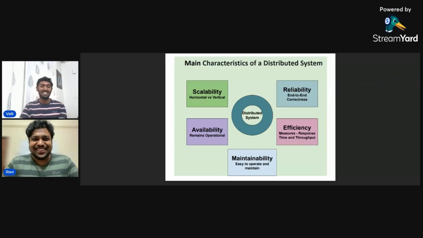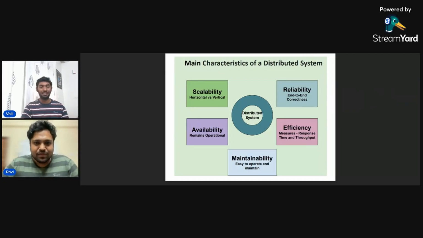Yes. Next, we can go on to availability. It's the ability of the system to remain operational, right? It needs to serve the request in the specified amount of time. So we always have service level agreements for availability. Our system needs to perform the operation in the specified amount of time.